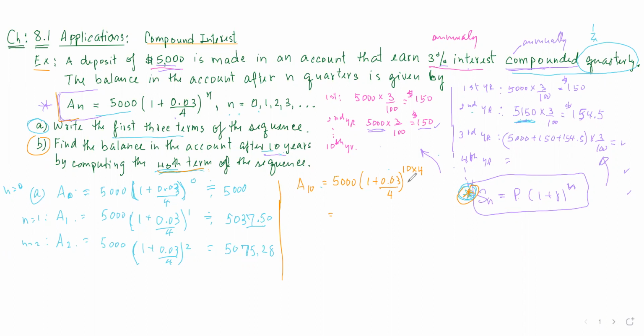Okay, compounded quarterly means in 10 years you receive interest quarterly, one quarter each time, right? Every 3 months you get one interest payment. So in 1 year you get interest 4 times. For example, you start depositing on January 1st, so you count January, February, March.